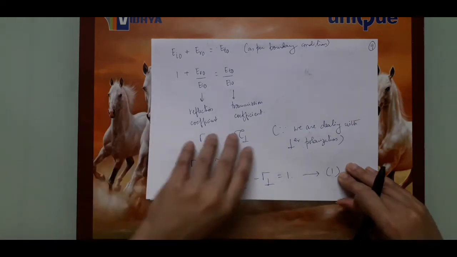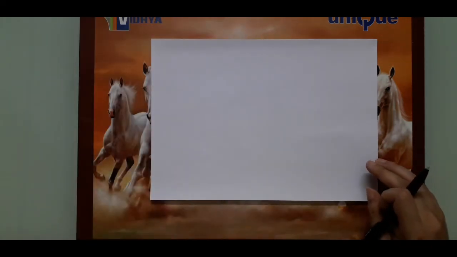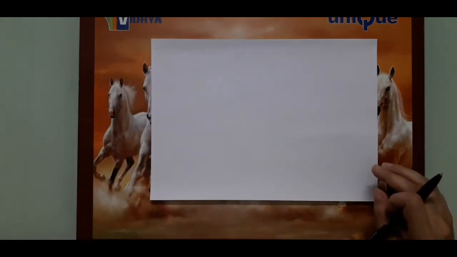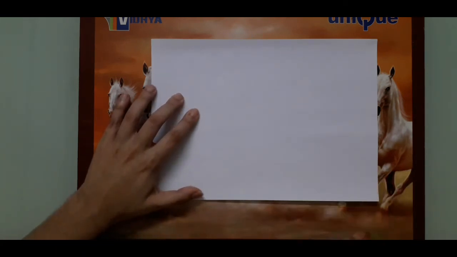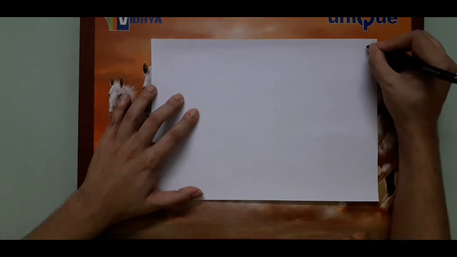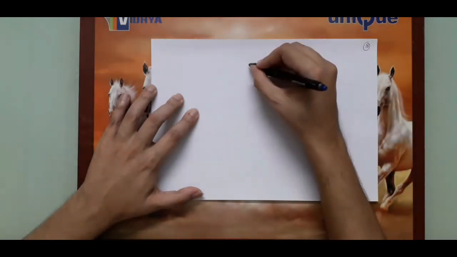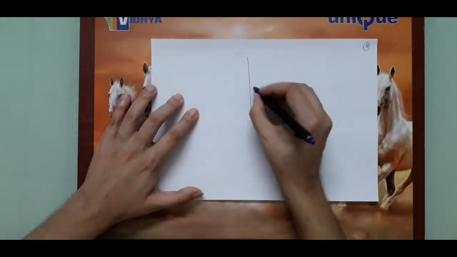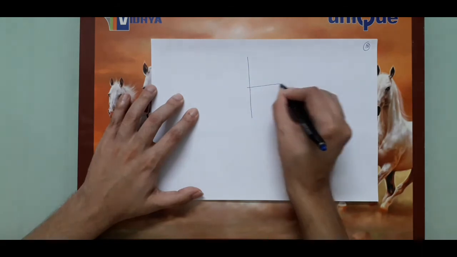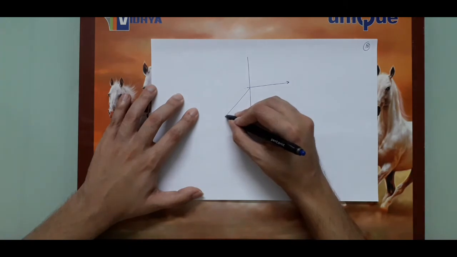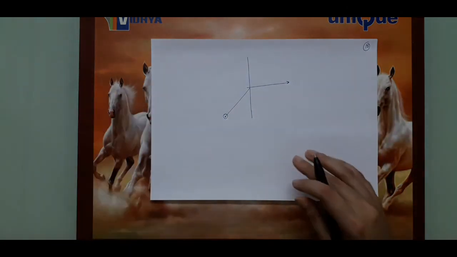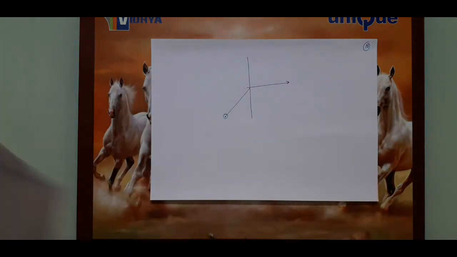So now comes the fun. What will be the equation for the magnetic field? So if I now redraw this, if I look at the magnetic field vector, if you recall, it was something like this.